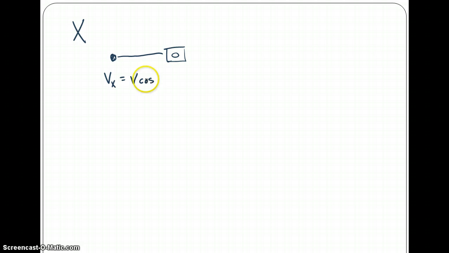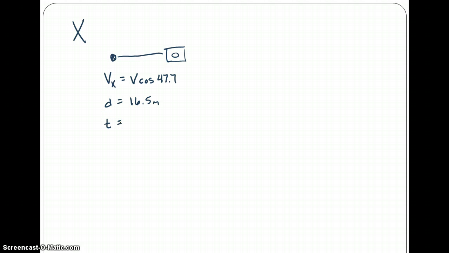Alright, so now let's go to the x direction. So what's happening in the x direction? Again, the ball is traveling to the goal, and the only thing that I know is that I have a velocity in the x direction, I know that I have a distance, and I know that that time is important because time links me.